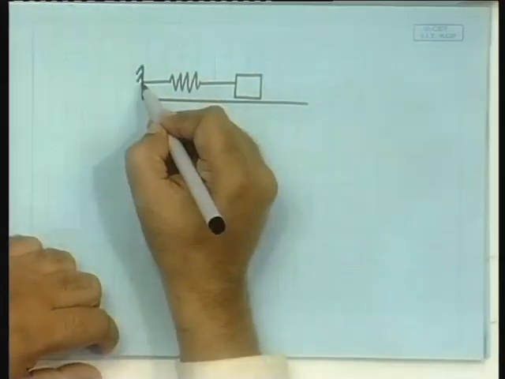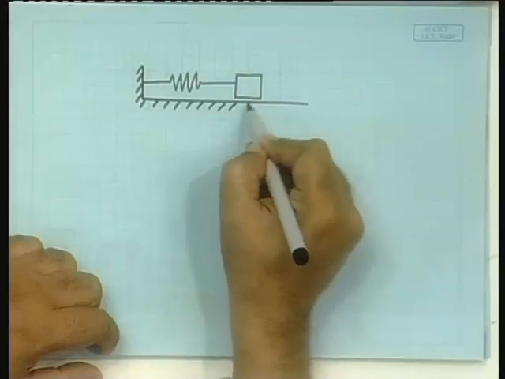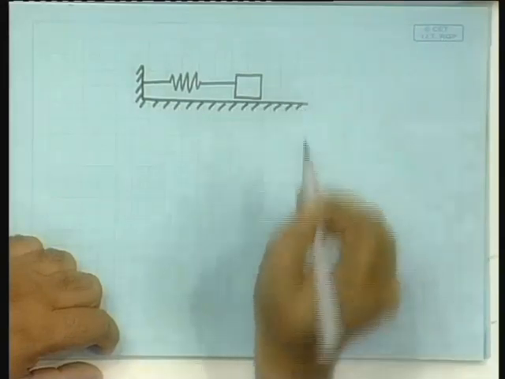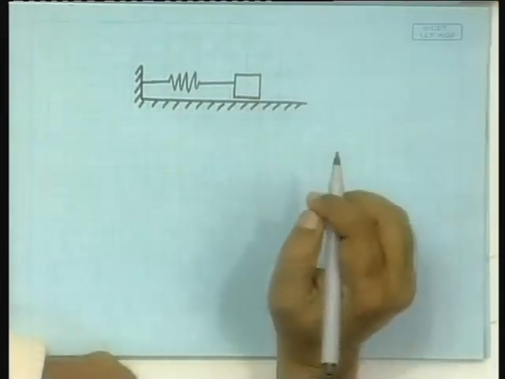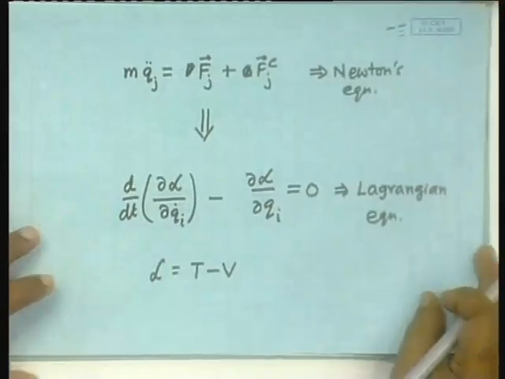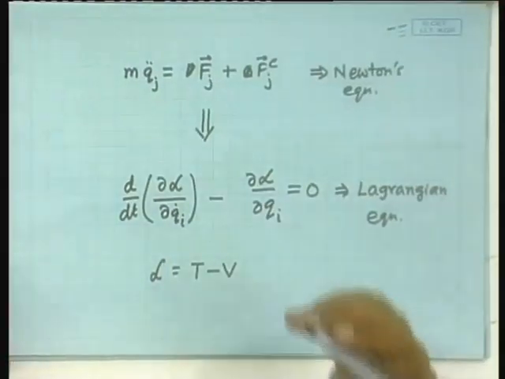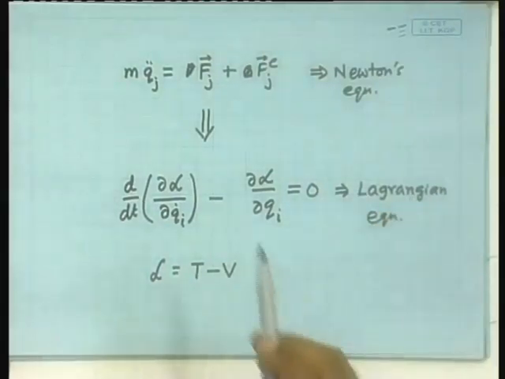How would you obtain the differential equation in this case? Let us start from the simple system. Before going into that, let me start from here and illustrate how the process of obtaining the differential equation goes.